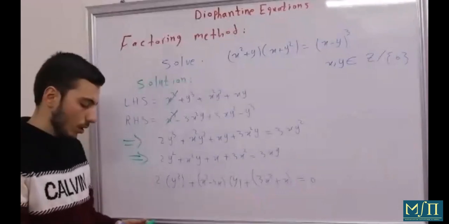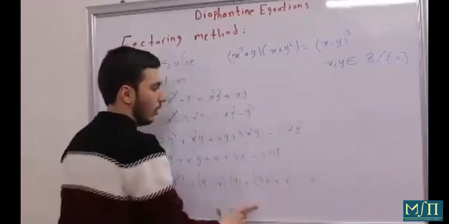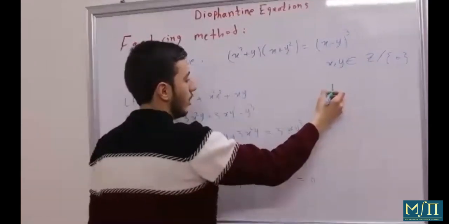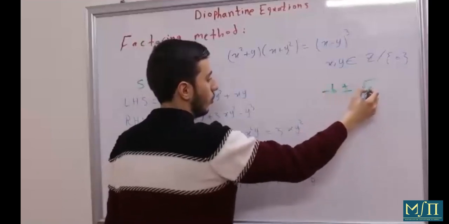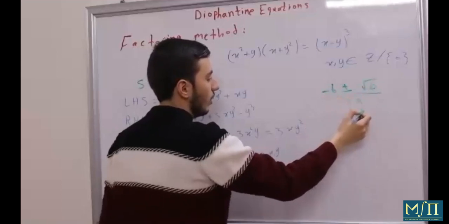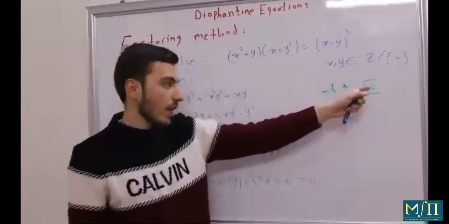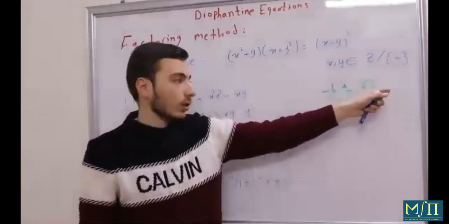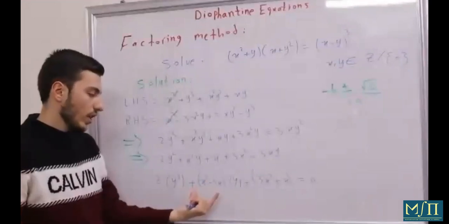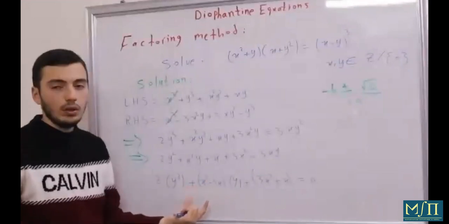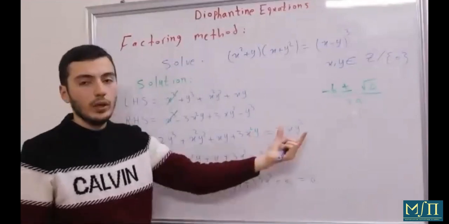The proof is simple: the solutions are minus b plus or minus the square root of delta over 2 times a, and the solutions are integers, so delta must be a perfect square. So let's evaluate our delta and find the values of x when delta is a perfect square.